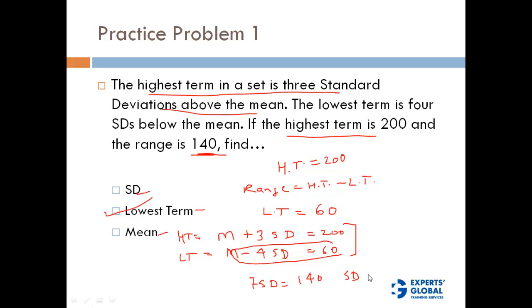So standard deviation comes out to be 20. Okay, so we get standard deviation. What is going to be the mean? Let's put value of standard deviation in one of these equations. What do we get? We get mean plus 3 times standard deviation, which is 60, is going to be equal to 200. So that means mean comes out to be 140.